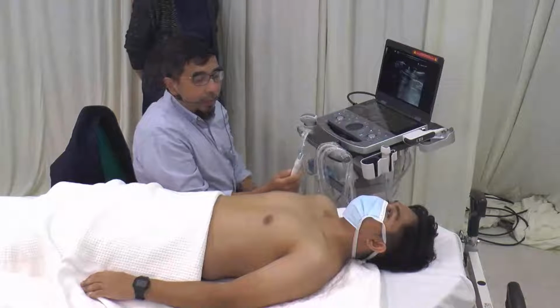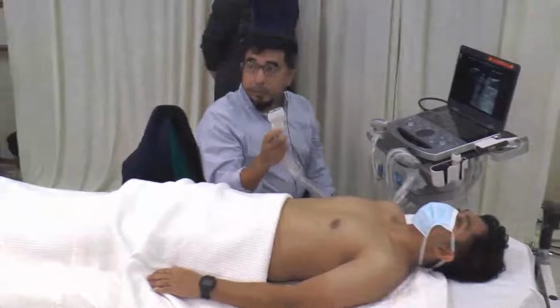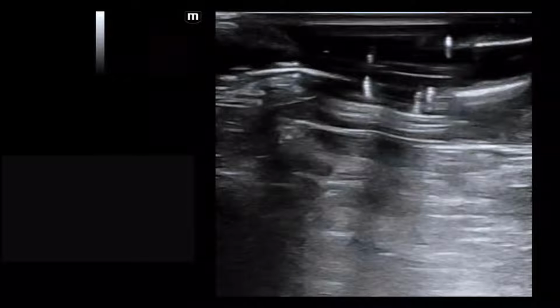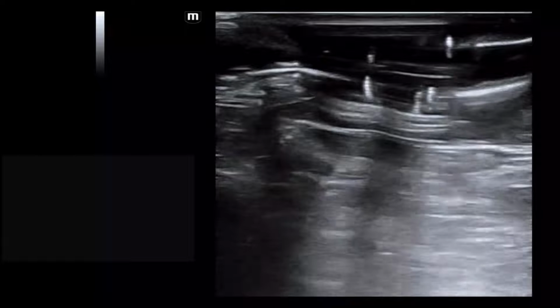The first part of this demonstration is airway and breathing. So let's start with the airway. We are going to use the linear probe. If we could recall the lecture given by Professor Soy, I think that's quite extensive.